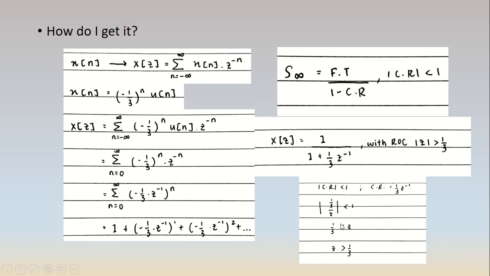Then we will get 1/3 less than |z|, and z bigger than 1/3. So this is how I get |z| bigger than 1/3.